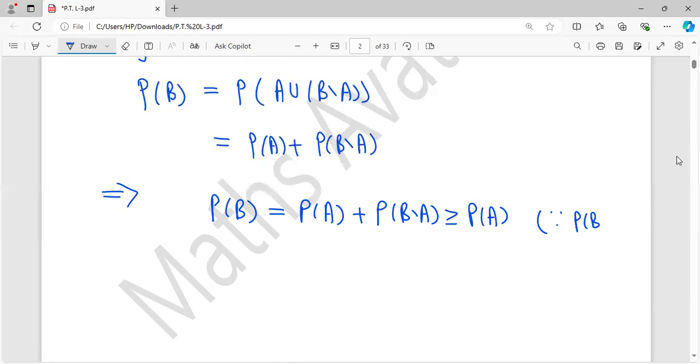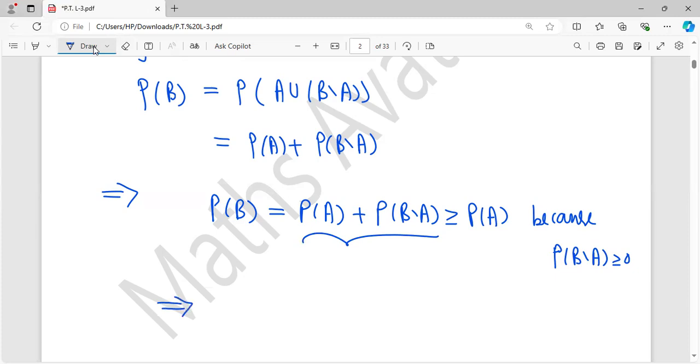So we are adding non-negative things, because the probability of B minus A is non-negative. So this sum is greater than or equal to PA.